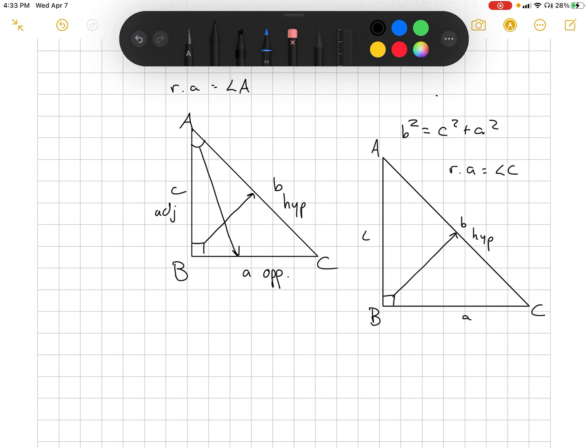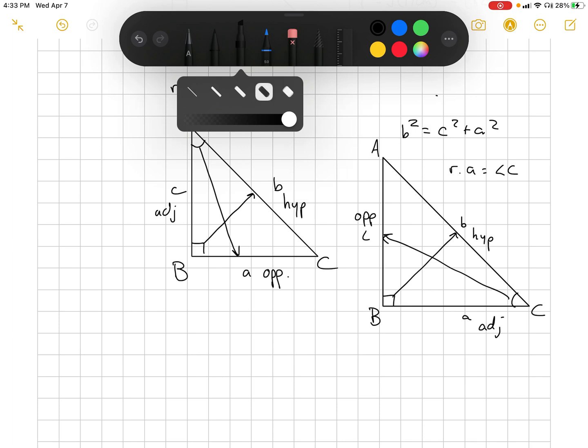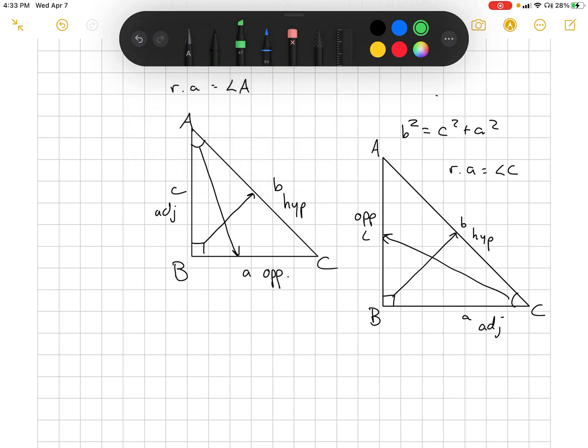What changes is now our reference angle is angle C. So drawing the arrow straight from the corner like that would give our opposite side to angle C, and by process of elimination, adjacent would be A. Okay, so notice that the things that change are the opposites and the adjacents. The hypotenuse doesn't change.